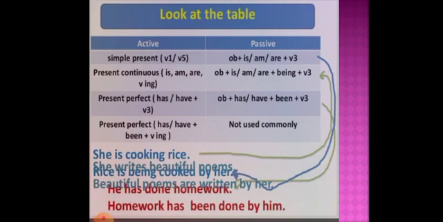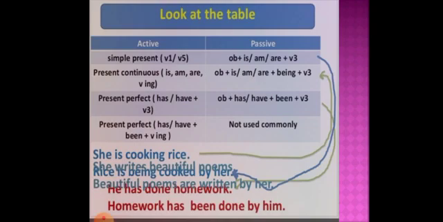Beautiful poems are written by her. Then present continuous, is, am, are plus V plus ing form, will be changed into object plus is, am, are plus being plus V3. For example, she is cooking rice. Rice is being cooked by her.